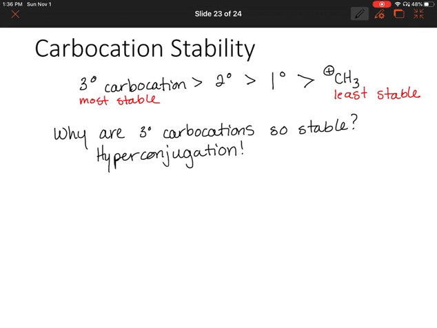Now, you might remember that previously we talked about resonance stabilized cations. So for instance, the allyl cation.